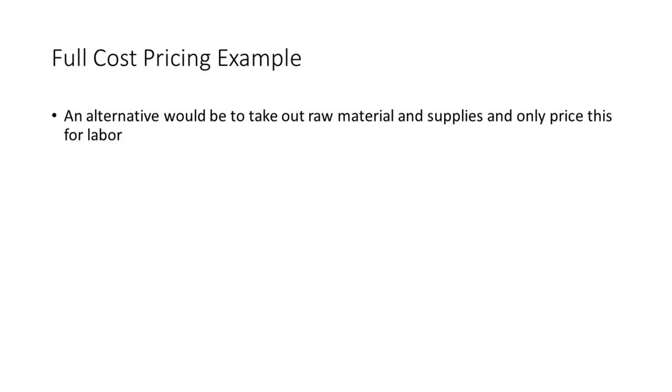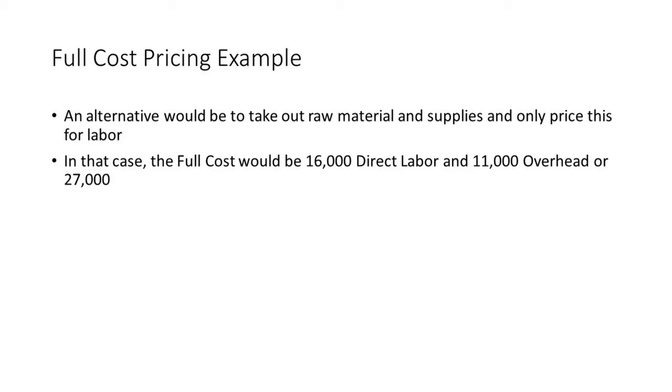And so in that case, the full cost would be $16,000 for direct labor, and then the $11,000 for overhead we talked about earlier, which gives us a total of $27,000 a month of labor and allocated overhead to put into the unit cost basis for fabrication.